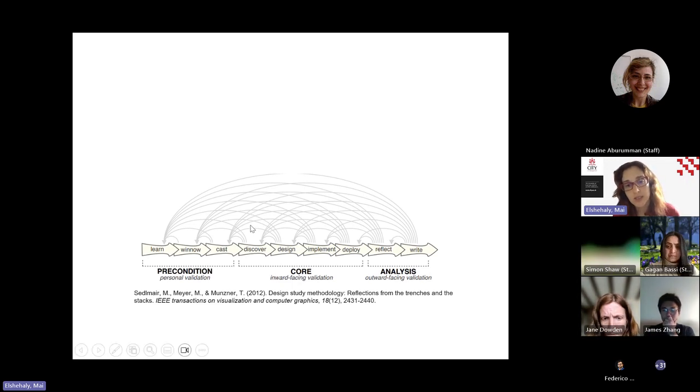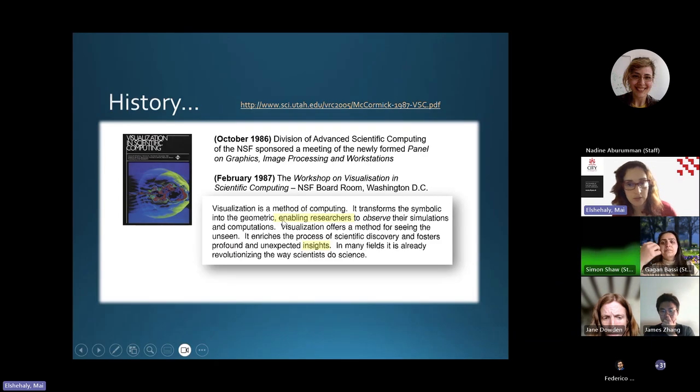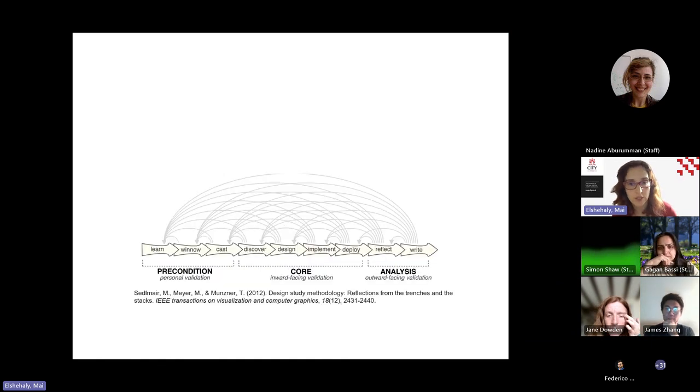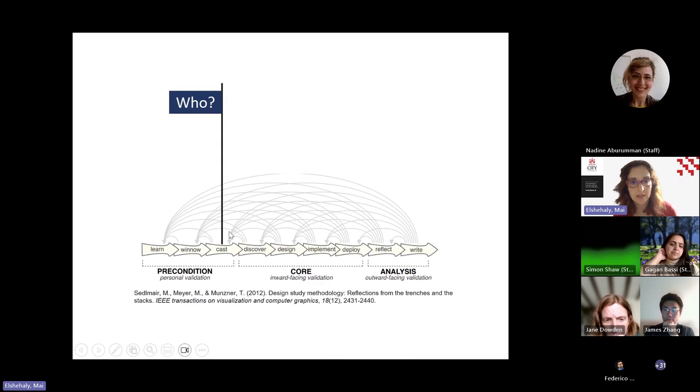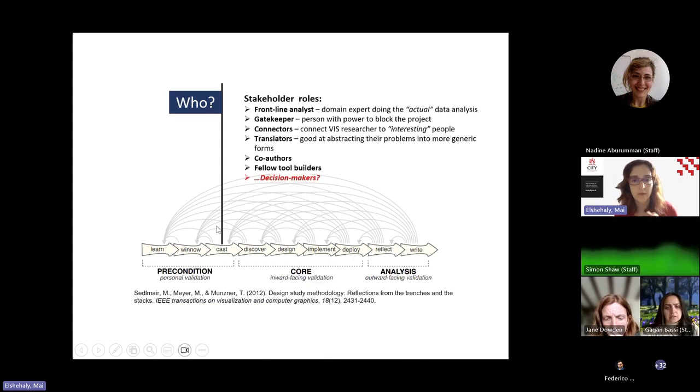Now, the question is, how much of an impact does this early definition of visualization as a field have on this methodology? You can see this in the cast stage, where they describe the types of stakeholders or roles of people that we can work with as visualization researchers to develop visualization.